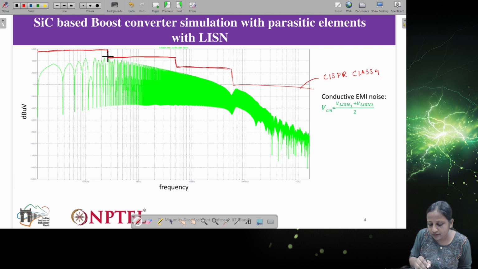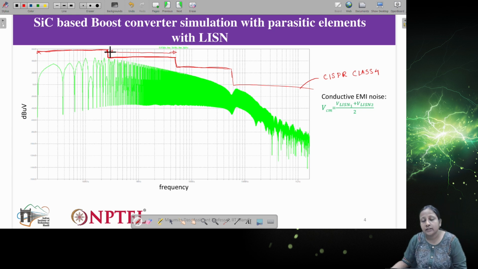After some point this magnitude decreases, but in the simulation, as we are increasing the frequency, from this point to this point it is below the magnitude provided in the standard. After some time this magnitude is increasing, so in this particular part the magnitude is higher. So you need to design the filter for this part, considering the frequency.